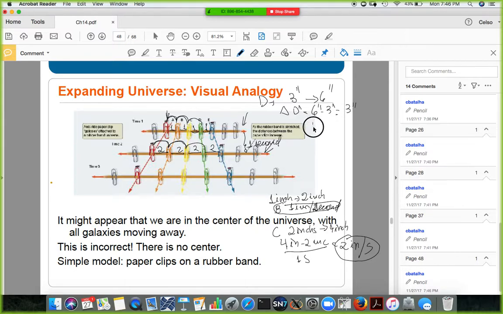And the speed is 3 inches over the 1 second it took, so 3 inches per second. So you see, the further the galaxy is, the faster you measure its receding.